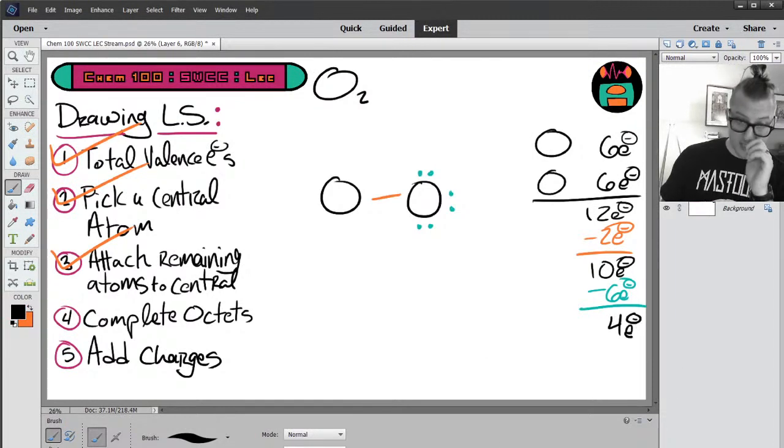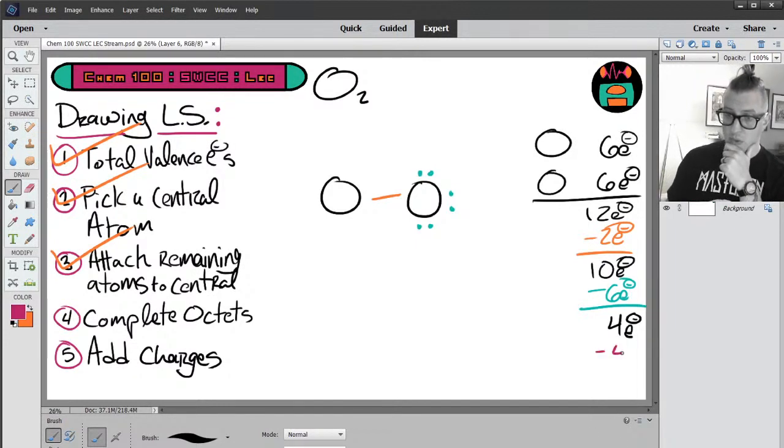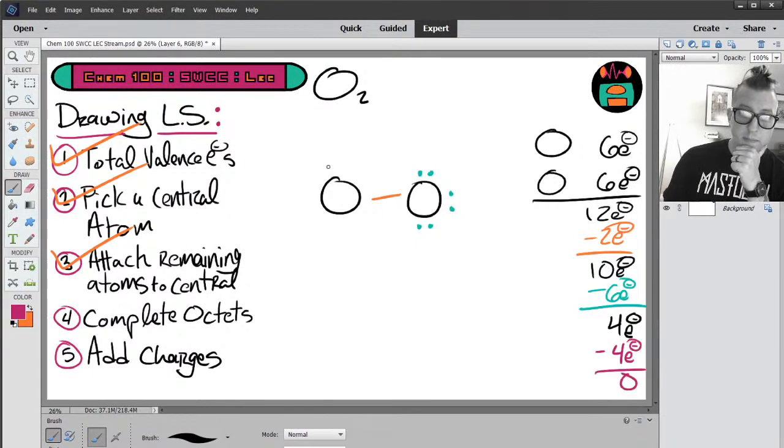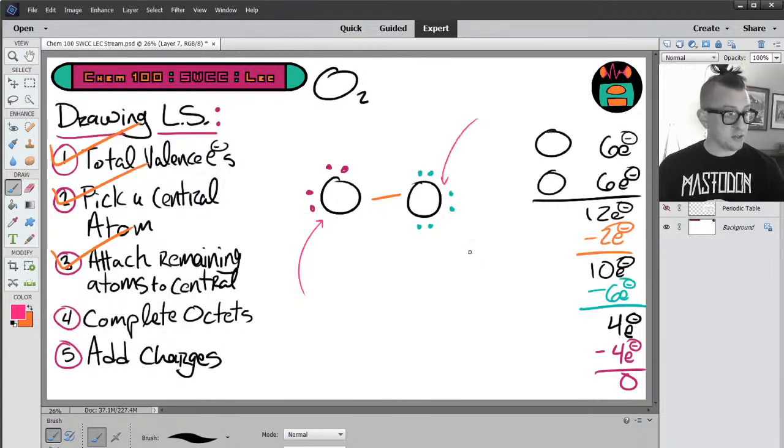Now you'll notice that we only have 4 electrons left. We're going to give these all to the second oxygen, but it will not be enough to complete this oxygen's octet. When you look at this oxygen right here, he's got 8 electrons around him, right?